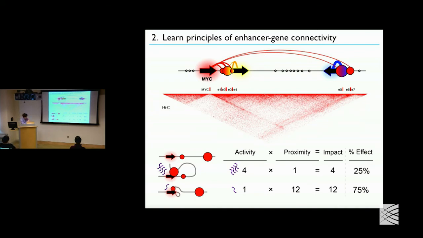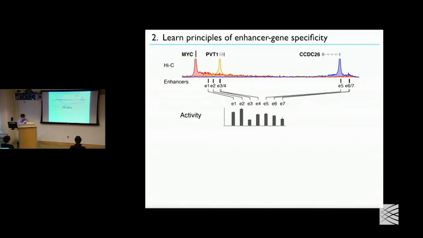And then for activity, we're going to pull DNase hypersensitivity and H3K27 acetylation and create a number that represents the activity of each enhancer. And we're going to see how well this model does at predicting which enhancers regulate which genes, starting with a very simple model for how this might work.